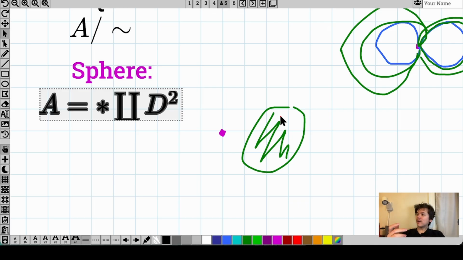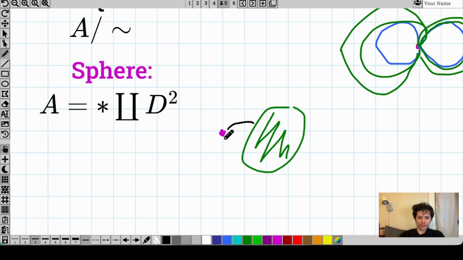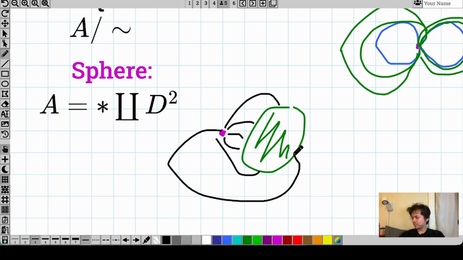It's sort of like, again, if you glue all the parts of a circle to one point, every single point on this boundary is going to be equivalent to this point. You get a sphere. Because it's almost easier to picture in the opposite: if you poke a hole in a balloon and stretch it out, you'll get a disk.